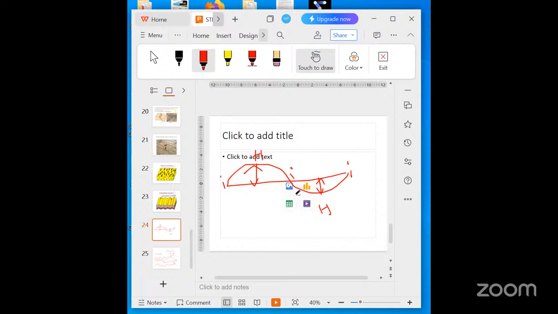So parts of a fold, this one. Here, W means wavelength, A means amplitude, H means hinge point, and I means inflection point.